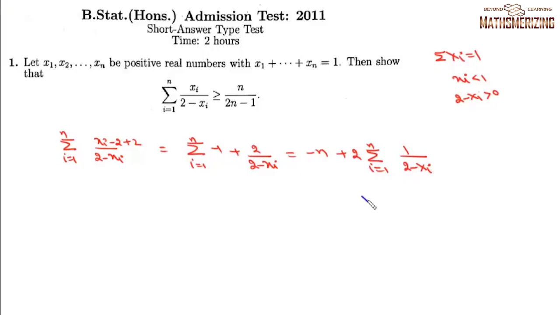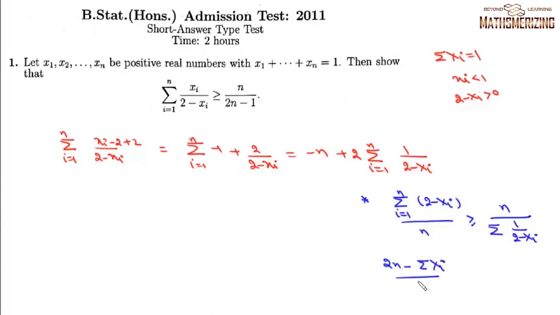Now using the AM and HM relationship for positive numbers, we can write: the arithmetic mean of 2 minus xi, where i varies from 1 to n, divided by n, is greater than or equal to n upon the summation 1 upon 2 minus xi.